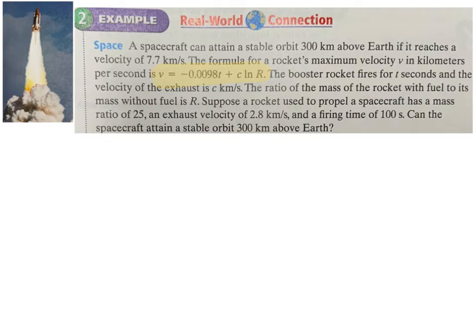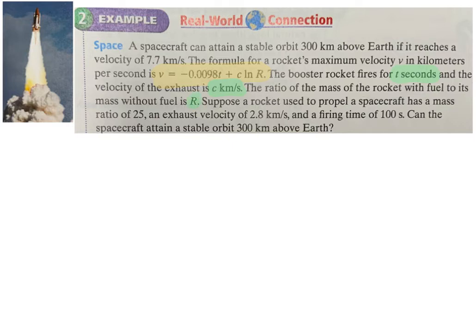Then they explain what each thing is. The booster rocket fires for t seconds. That's my time. The velocity of the exhaust is c kilometers per second. The ratio of the mass of the rocket with fuel to its mass without fuel is r. And so they give me that.